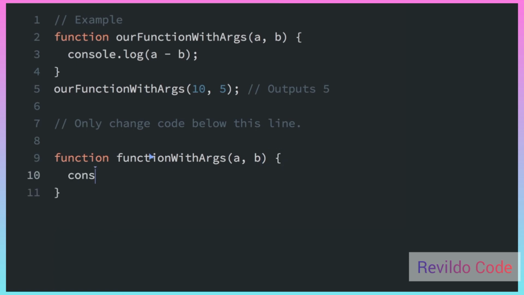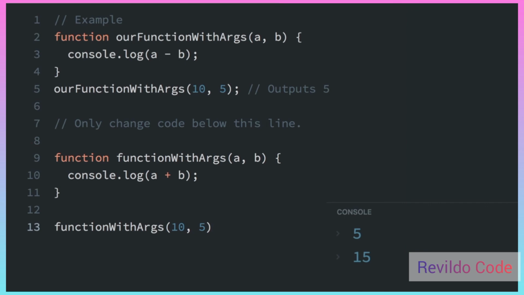And inside, instead of subtracting A minus B, we're going to do A plus B. Now, I'm just going to call this function function with args, and I'll pass in 10 and 5, and let's see what that looks like in the console. So first, it outputted 5 for this one, then it outputted 10 for this one.